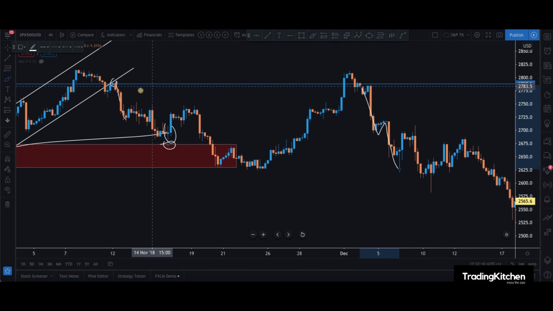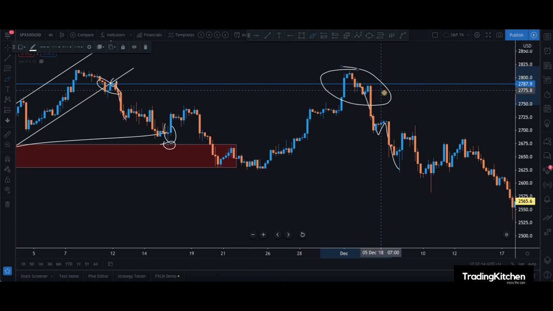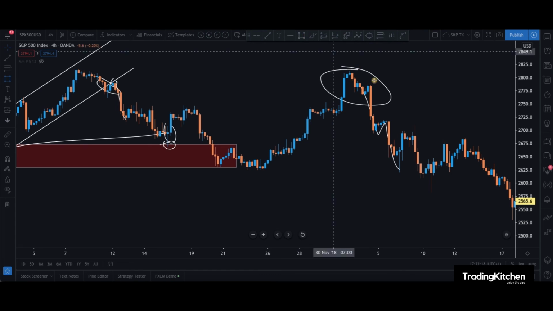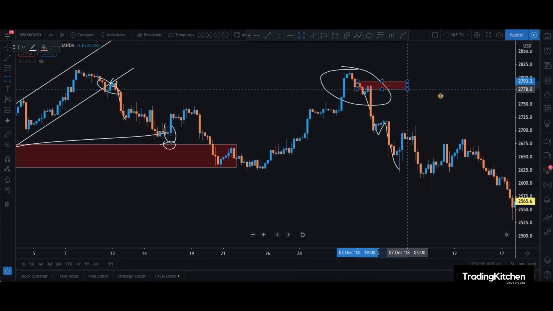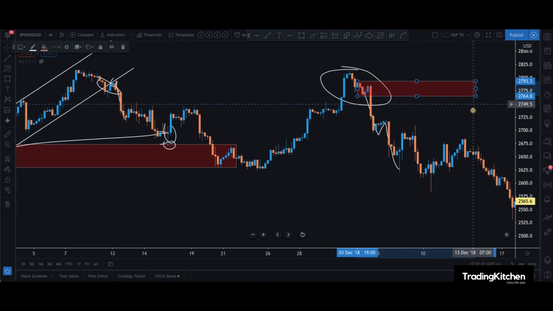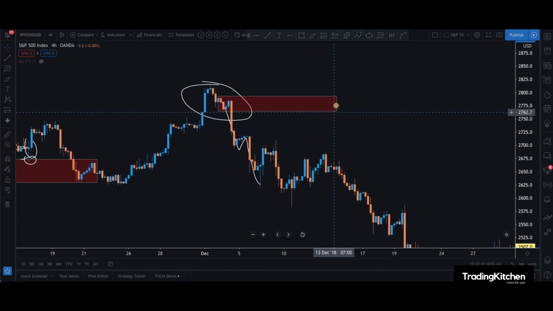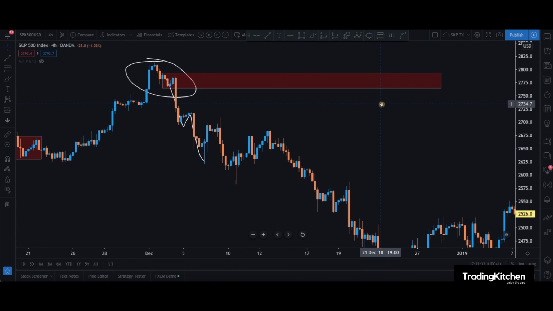So if you see, look how many times price reacted in this zone. Now we remove it, but this is an impulse, and so here it could be a good structure, even if it is not a clear candlestick. Okay, but anyway, let's take it for granted.